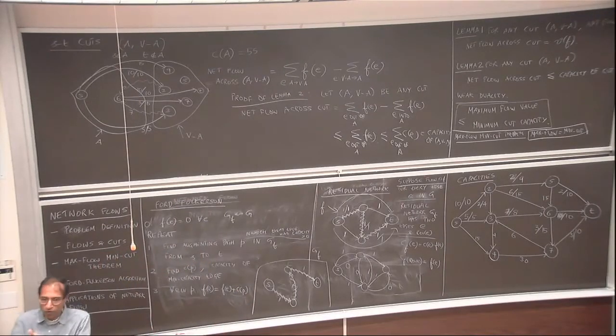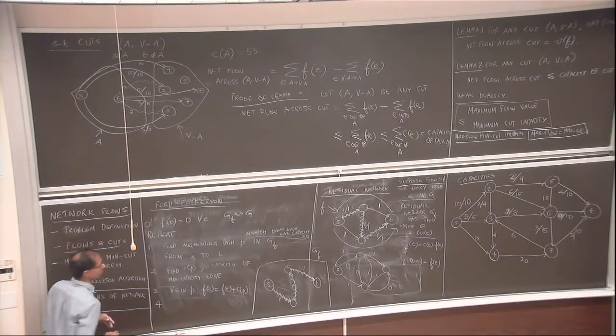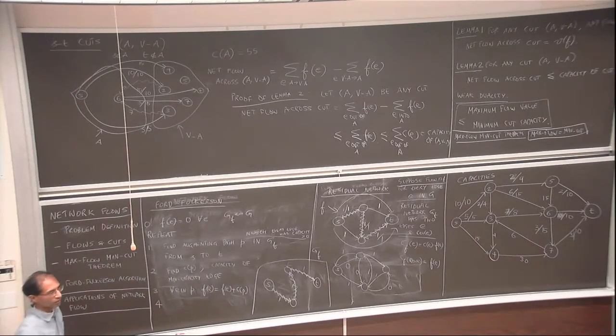I increase the flow along that edge to be whatever its flow was before plus the capacity of it.